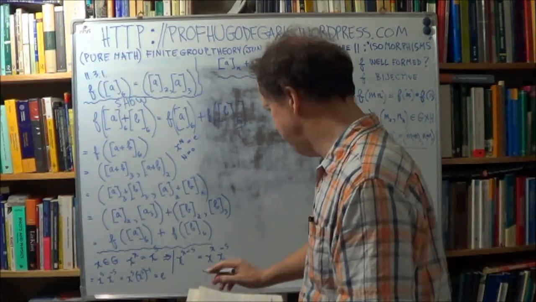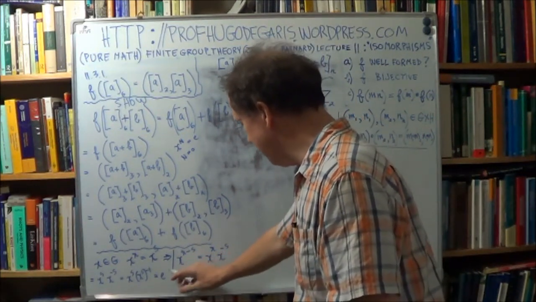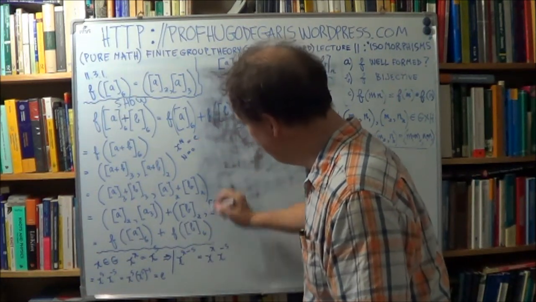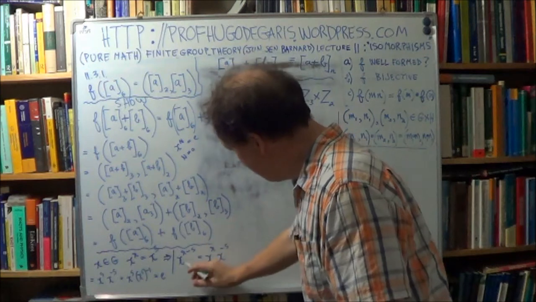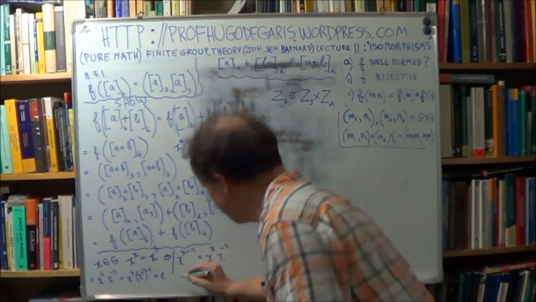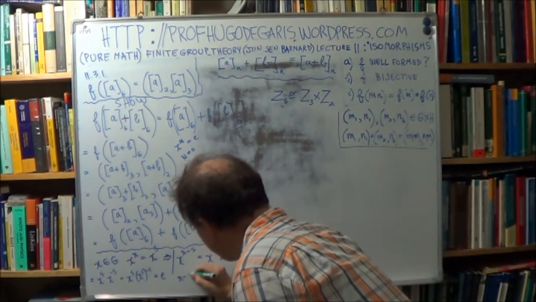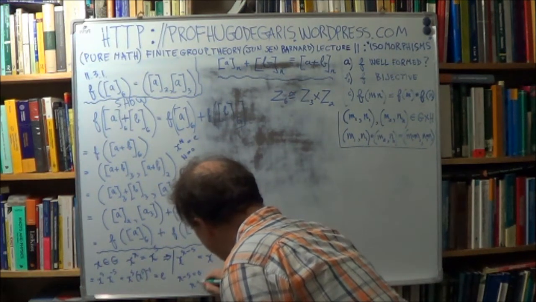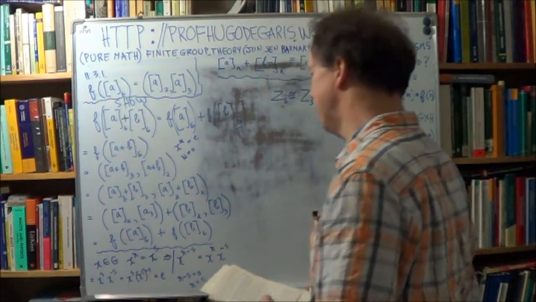So therefore, if that's your n, this power here, n, that means that r minus s equals 0. So that implies that r equals s. Right?